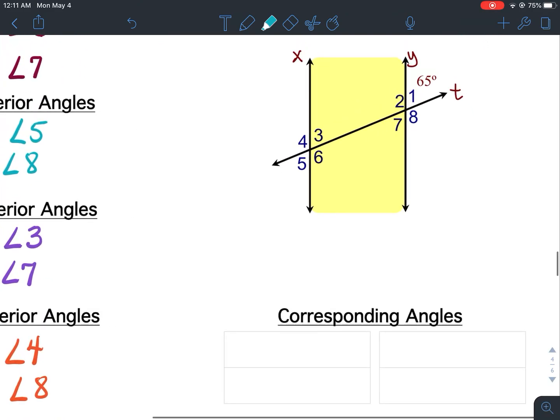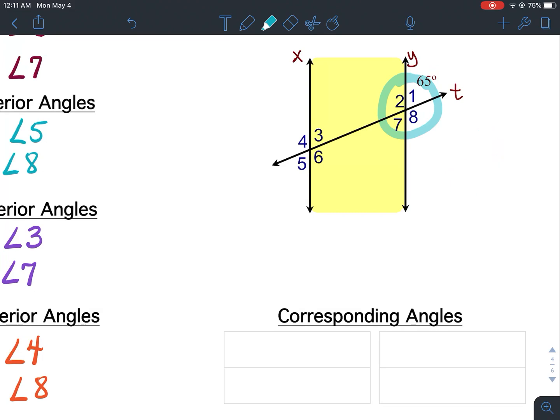All right, corresponding angles. Remember, corresponding angles have the same position. So one will be interior, one will be exterior, and they will be on the same side of the transversal. So let's start with angle 1. Well, if you look at these 4 angles, angle 1 is that top right angle. It's on the top and it's on the right.